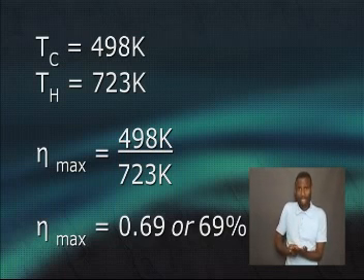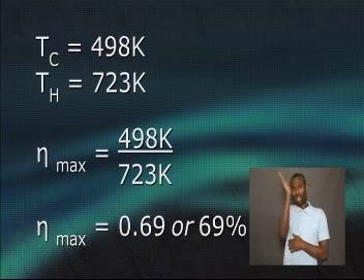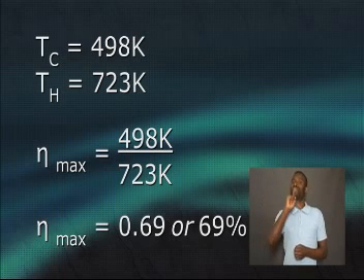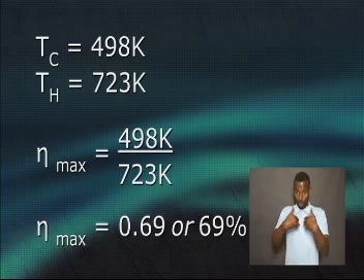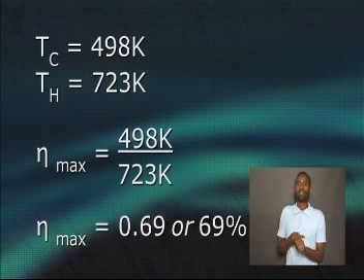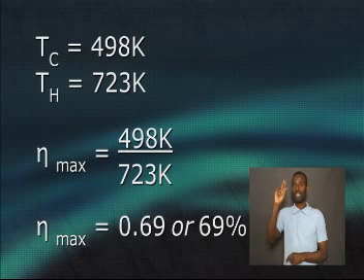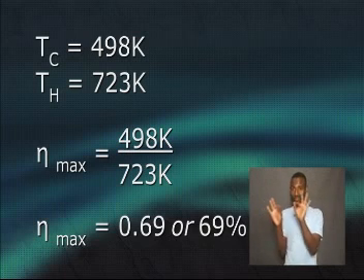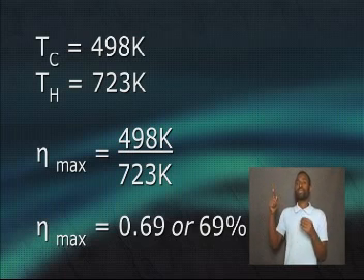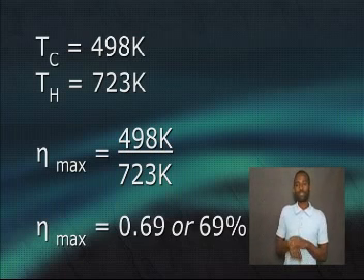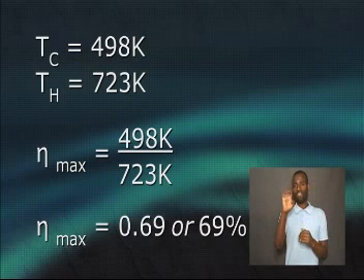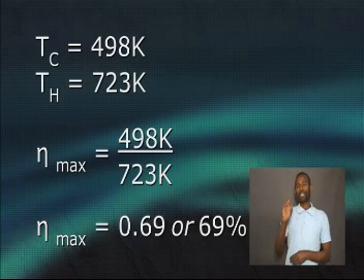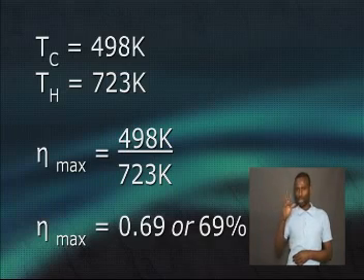So, the heat sink has an absolute temperature of 498 Kelvin, and the engine has an absolute temperature of 723 Kelvin. Once again, we substitute our values into the equation. Once resolved, the maximum efficiency of the diesel engine is 0.69 or 69%.